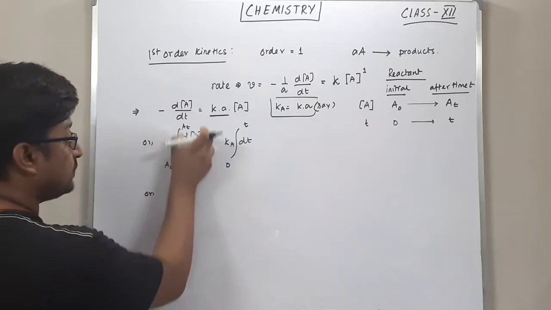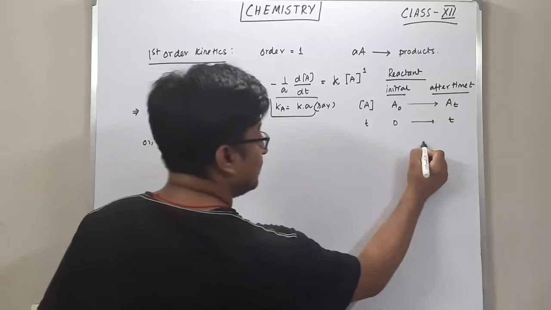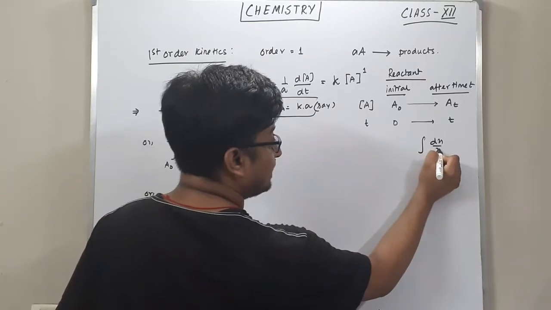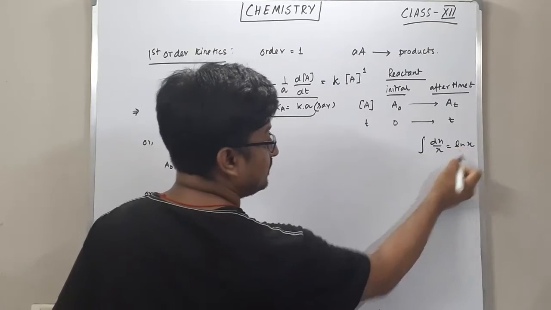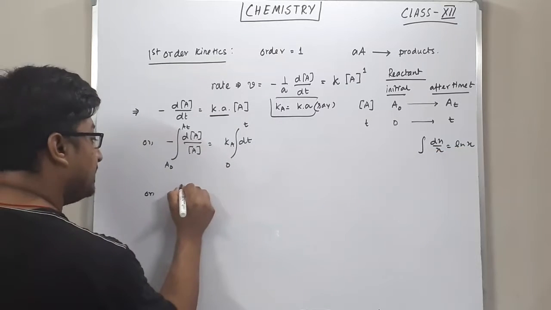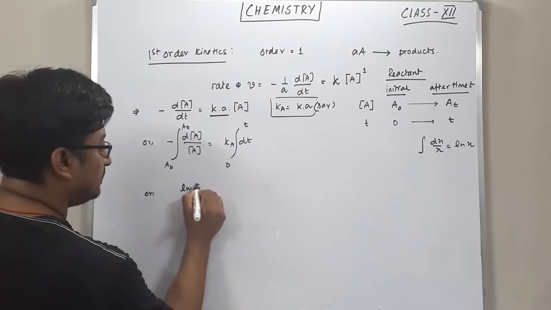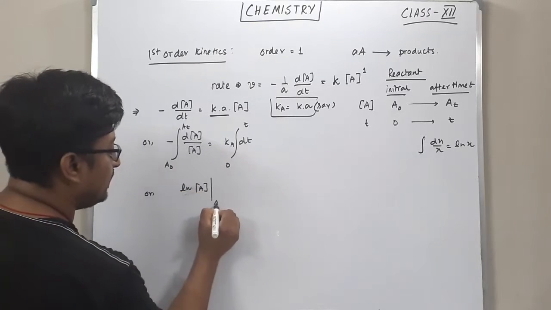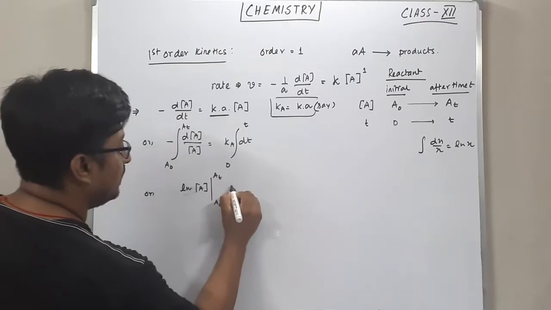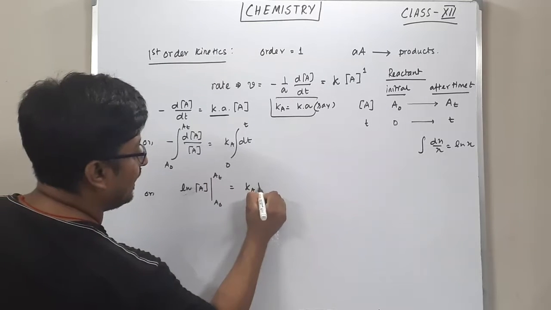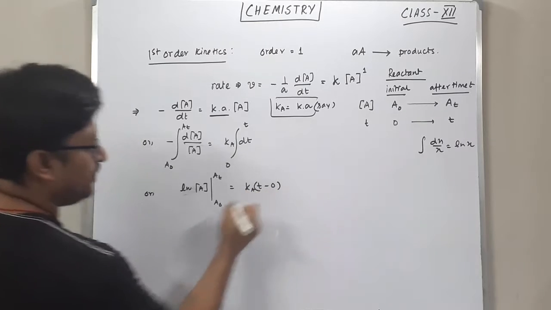If I integrate this, the integration of dx by x is basically ln x. So ln of the concentration from A0 to At is equal to k into t minus 0.